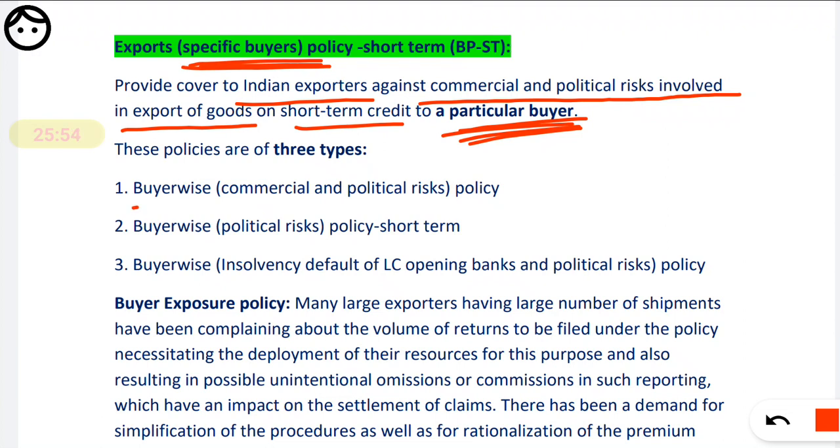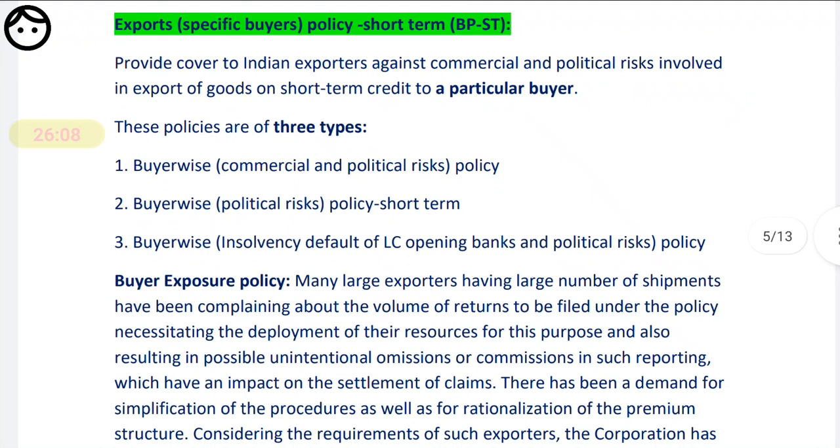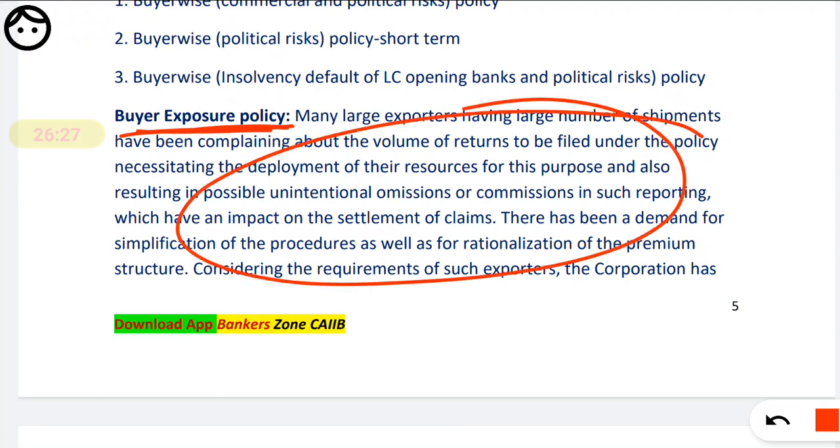First is buyer wise, which covers commercial plus political; buyer wise only political; and buyer wise insolvency, default of the LC opening bank, and political risk. These three subtypes are not that important from the exam point of view, but I have given some detailed theory. You can read it if you have time, but I think it is not that important. If you want, you can pause the video, or a PDF is also provided to you.